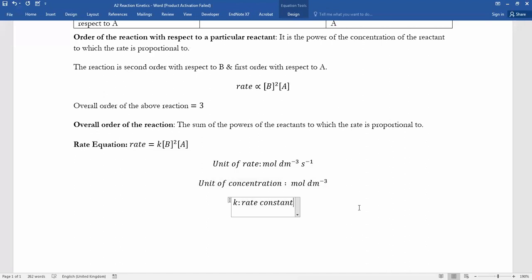Just like you had different units for Kc, in equilibria every equilibrium's unit was different. Similarly, the unit for the rate constant will vary for every rate equation. Every different rate equation will have a different unit for the rate constant. Can you tell me the unit for the rate constant for this one?